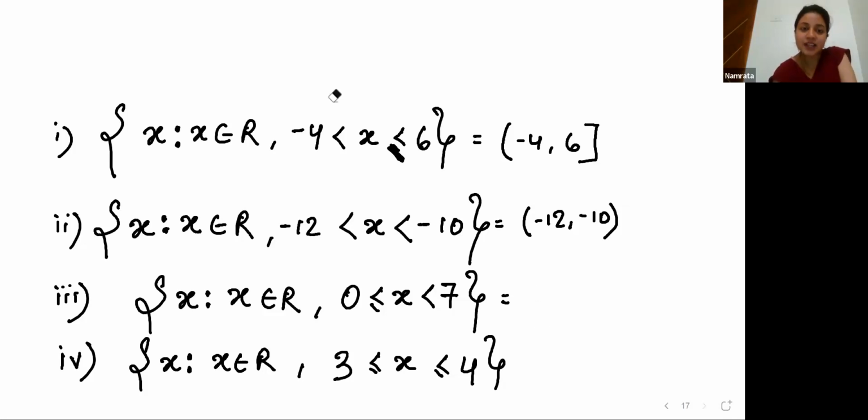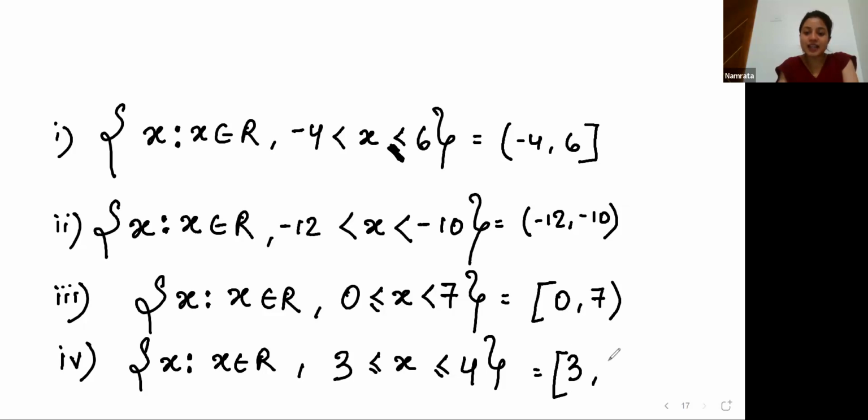Yeah, the bigger bracket 0 because 0 is included over there, and then 7 and then the smaller bracket close. Similarly, the last one, big bracket 3 and big bracket 4. Yeah, big bracket 3 and then 4 big bracket close.